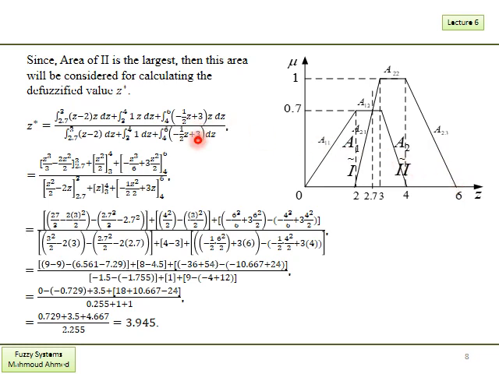The same is written down in the denominator, but without multiplying by z. Simply substitute with the integrator limits in both numerator and denominator, and at the end the defuzzified value is equal to 3.